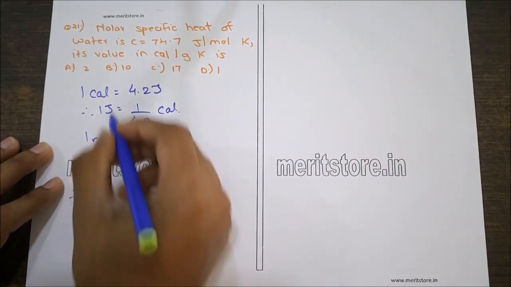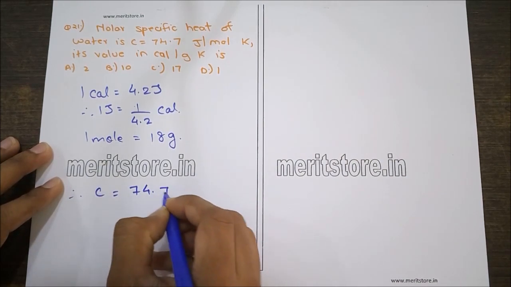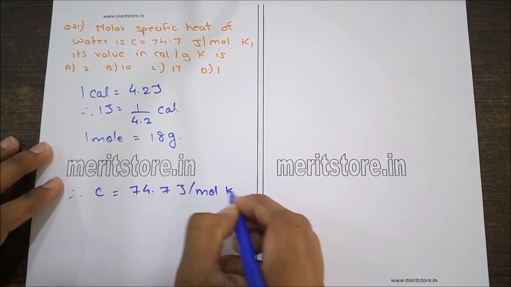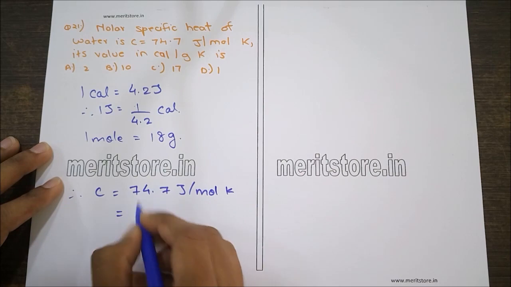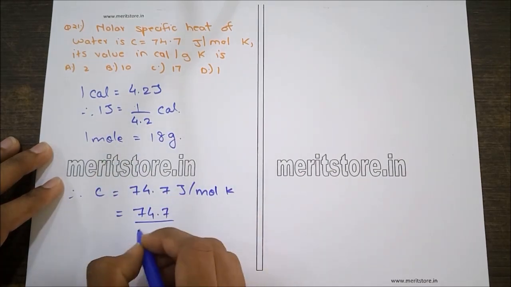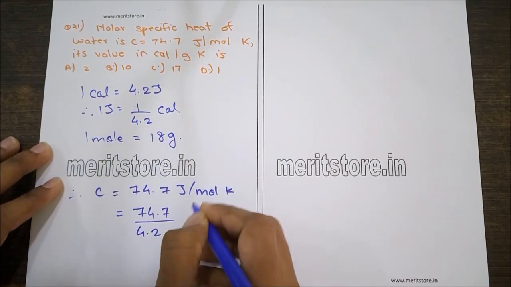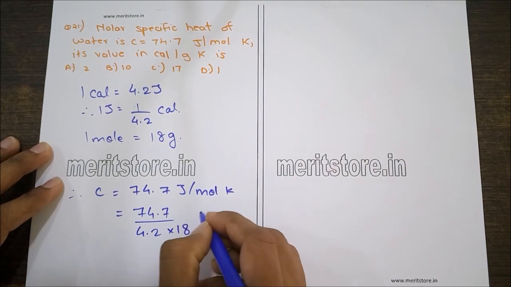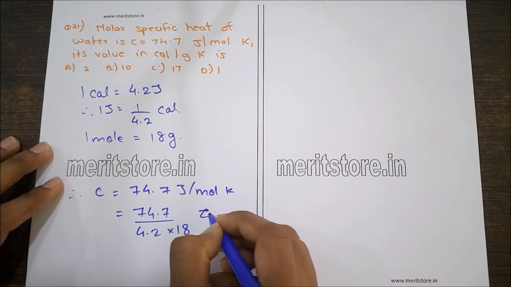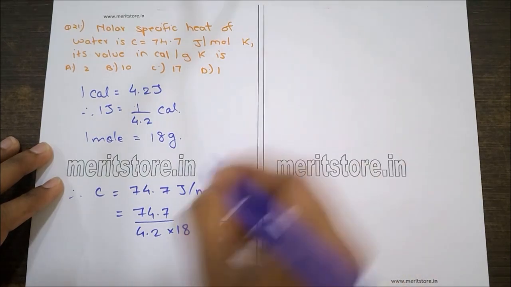So now let's solve this. C is given as 74.7 joule per mole Kelvin. So in order to change the units, we get 74.7, 1 joule can be written as 1 upon 4.2 calories, and 1 mole is given as 18 grams. So now this unit becomes calorie per gram Kelvin.